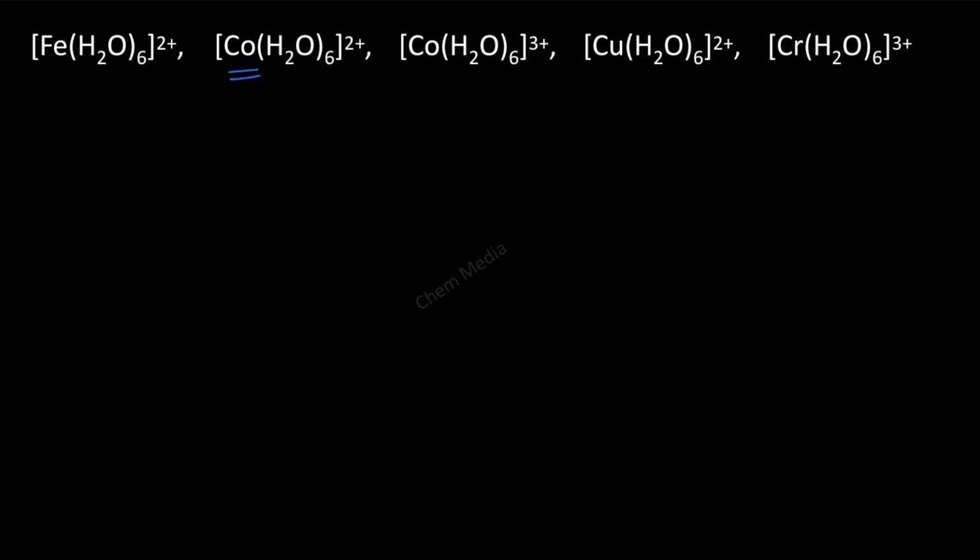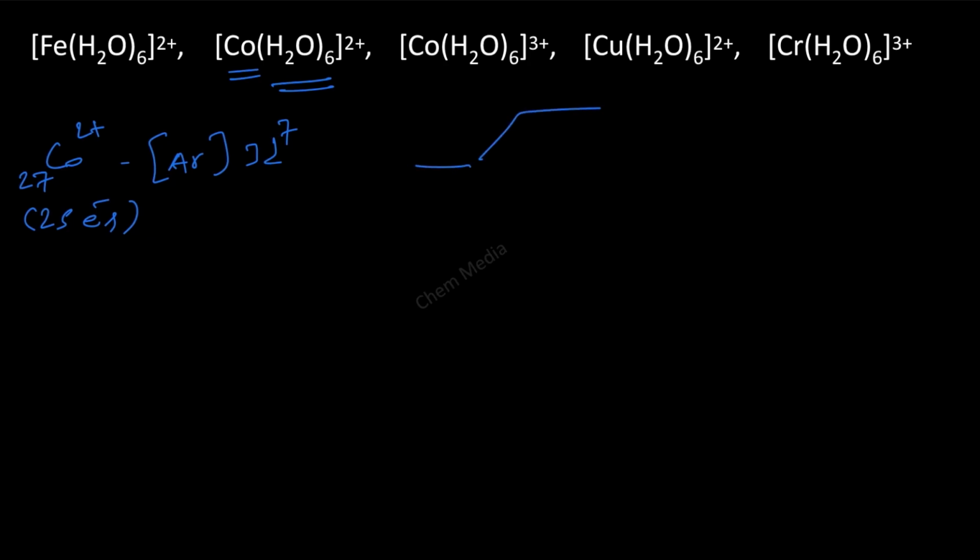For cobalt, oxidation state here is 2 plus. We know that atomic number of cobalt is 27, but when it is 2 plus, we are going to have only 25 electrons. Therefore, the electronic configuration is argon and then 3d7. In presence of water ligands, this would split into t2g and Eg.